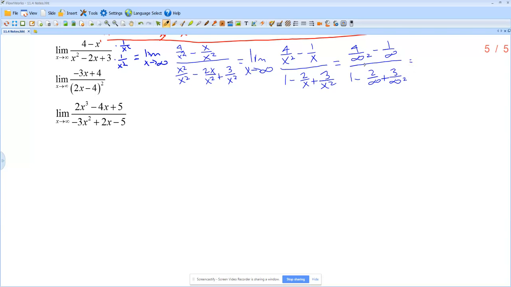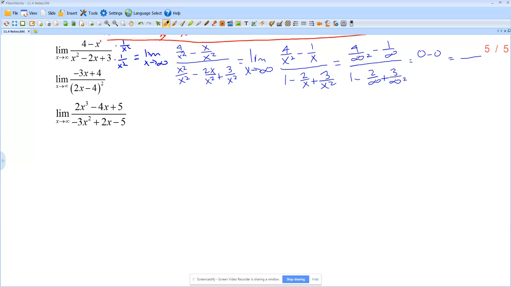Now, up here, we are going to talk about something a little bit interesting. When I have 4 over infinity squared minus 1 over infinity, both of these are 0, but it's important to realize what type of 0 you get as a result, because it's helpful. So I want to introduce it now. 4 over infinity squared: if I am squaring the denominator, what I'm doing to the value is making it smaller and smaller.